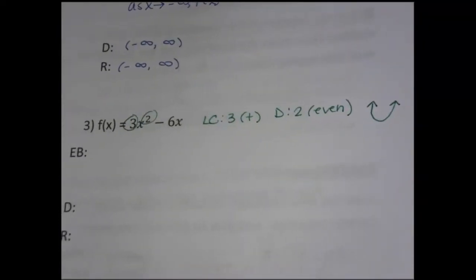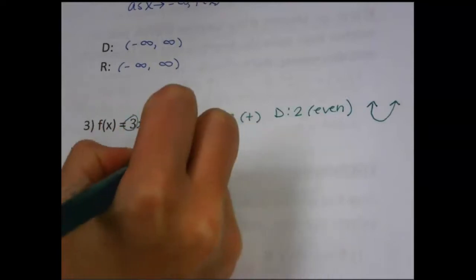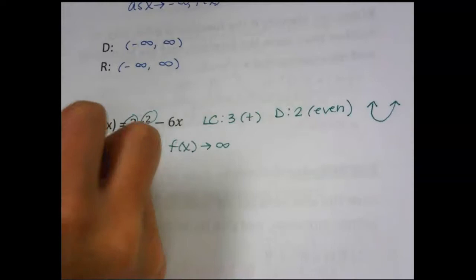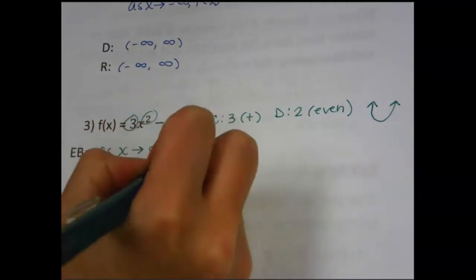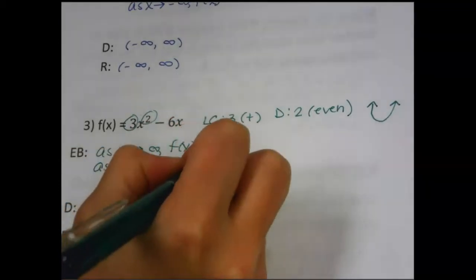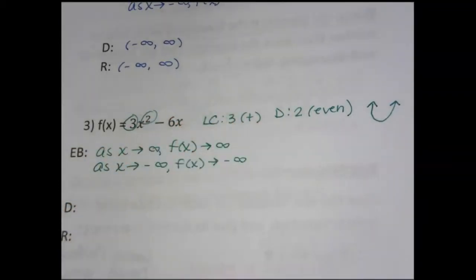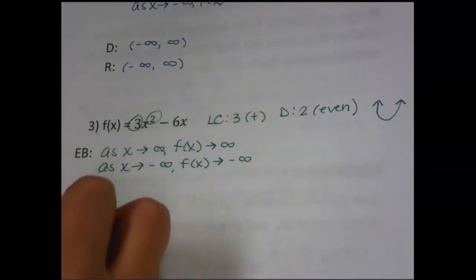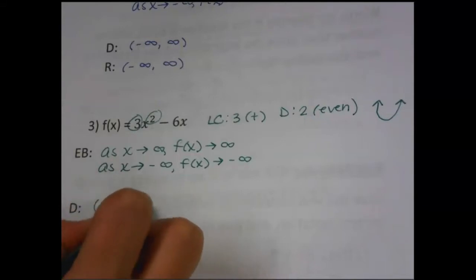So our end behavior, we would have as x approaches positive infinity, f of x is going towards positive infinity. And as x approaches negative infinity, f of x approaches negative infinity. For the domain, we can tell that it is going to be negative infinity to positive infinity for all these x values.